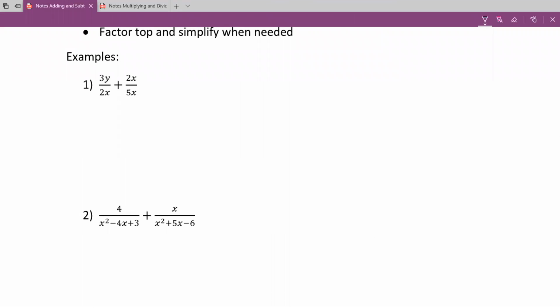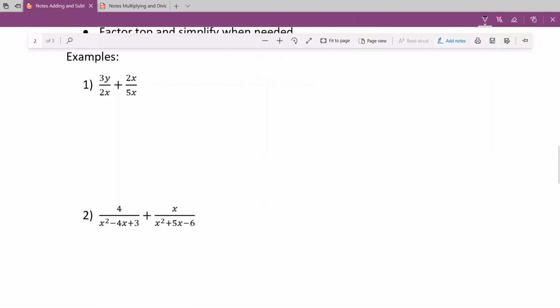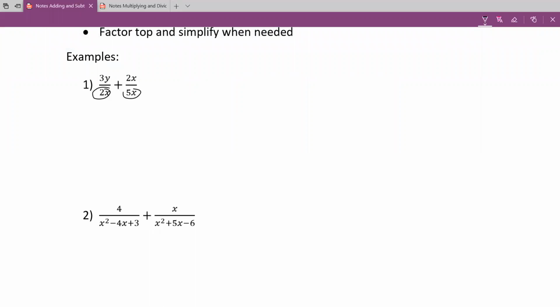So look at the first example. Looking at just the denominators, we have a 2x and a 5x. This second denominator has a 5 that the first fraction doesn't, so that's what I'm going to multiply on top and bottom. I'm going to multiply both the top and the bottom by a 5. And that gives me 15y over 10x.